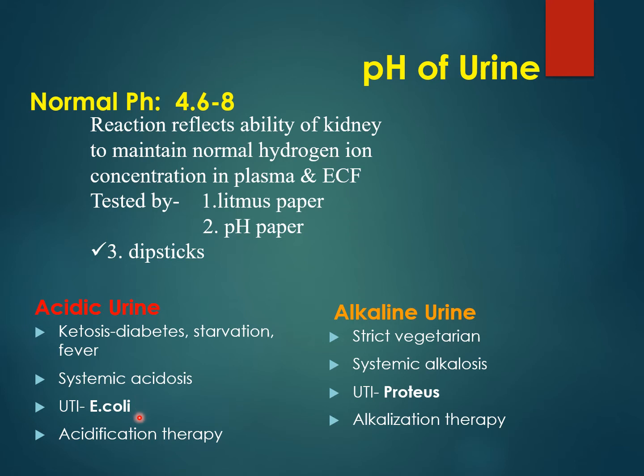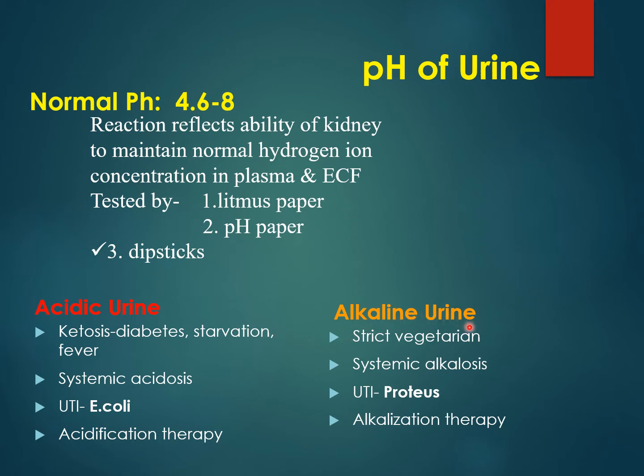Acidic urine also results from acidification therapy like ammonium chloride. Some patients take herbal medicine or other compounds, and it might cause acidic urine. So it's important to ask your patient if he or she is taking anything.